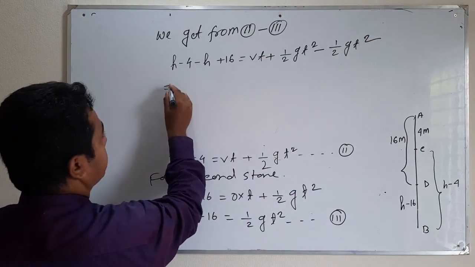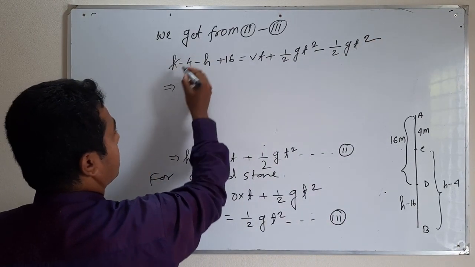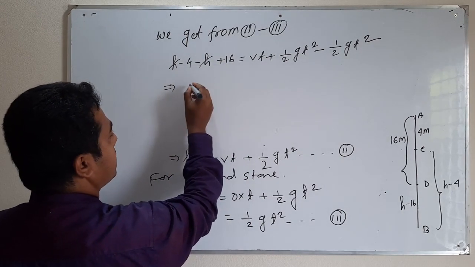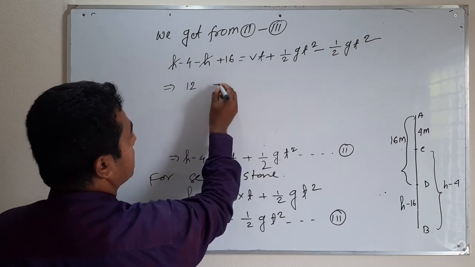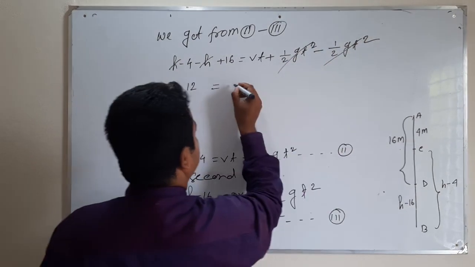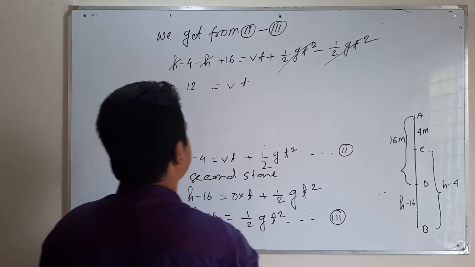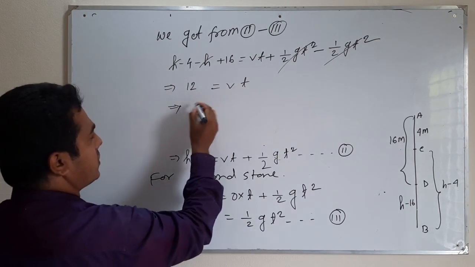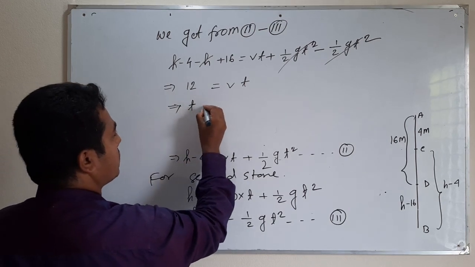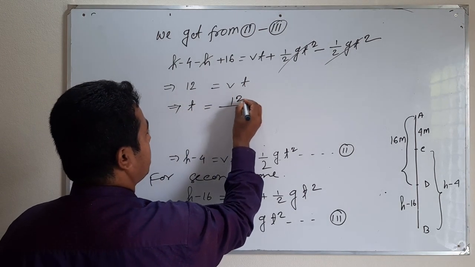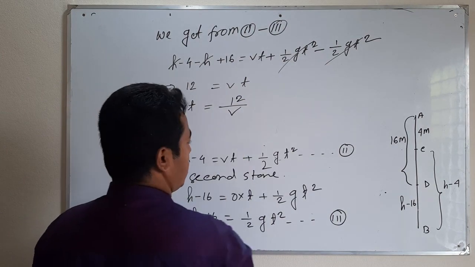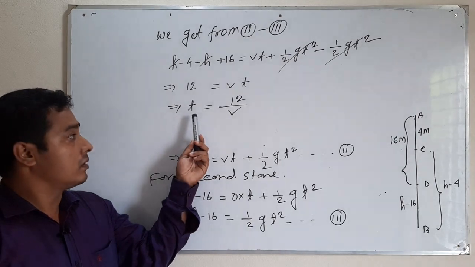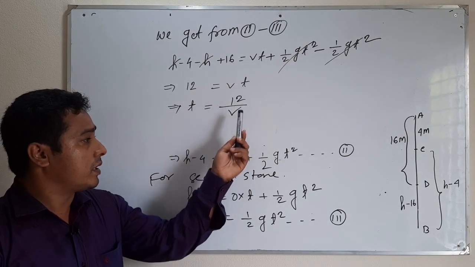Here H and H will be discarded, then minus 4 plus 16 is plus 12, which is equal to VT. Now T is equal to 12 divided by V. So we have got the value of T, which is 12 divided by V.